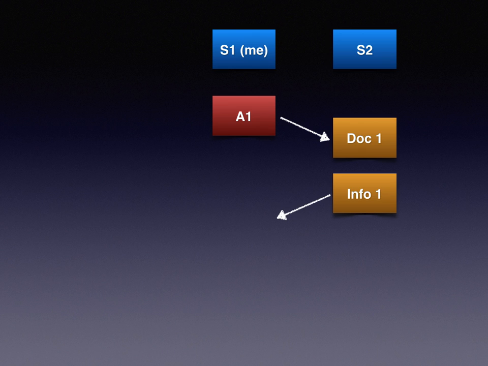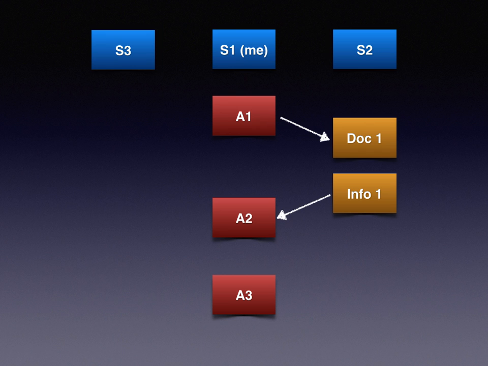Then we might, for example, provide a document with some information to somebody else, and then we expect some information from this communication partner, which then enables us to perform activity 2. Maybe we then continue with activity 3, and finally we have another communication partner, like subject 3, whom we provide again with further information.